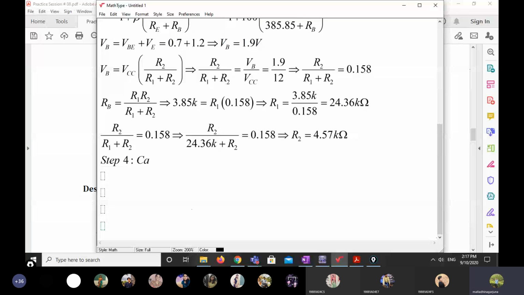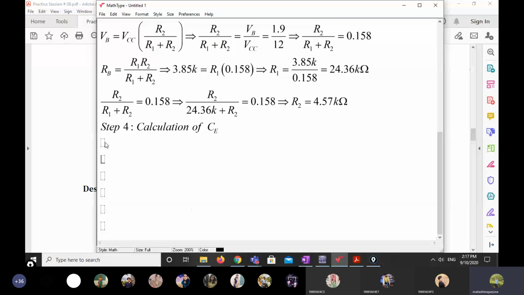Calculation of CE. XE equal to RE divided by 10. So what is RE? 385.85 divided by 10, so 38.585 ohms. XE is 38.585 ohms.